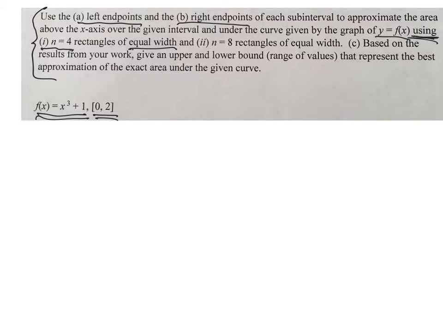That's going to be a key. We don't have to go equal widths, but it will be much easier if we do. And then secondly, we'll expand it to 8 rectangles, and we'll see what the more rectangles do for us. And then finally, part C we'll talk about after we get through one of these.